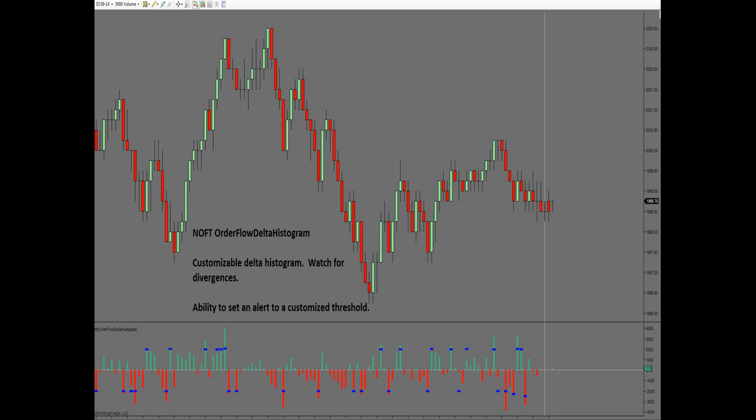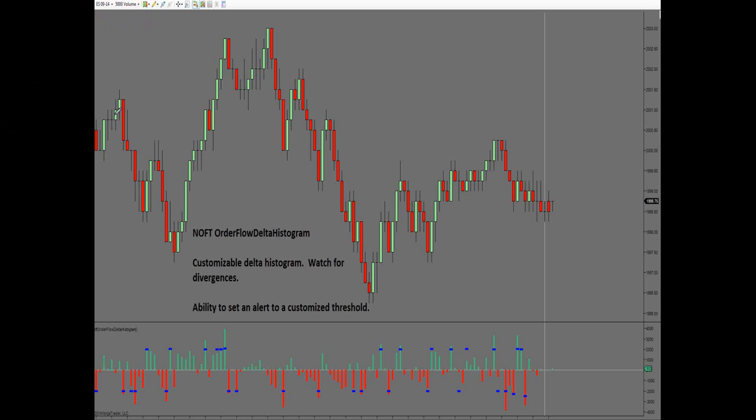Another way to look at the delta is to use a histogram. This histogram is the Noft order flow delta histogram. It's a customizable delta histogram, and the way I like to use it is watching for divergences. This is an ES 5000 volume chart.